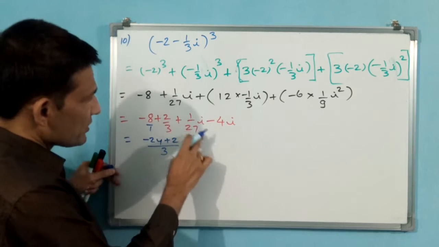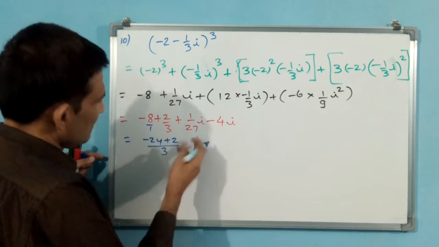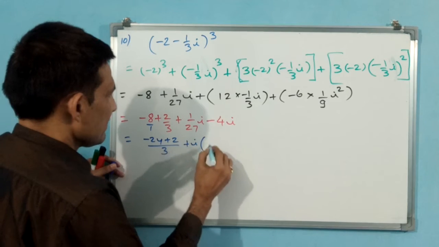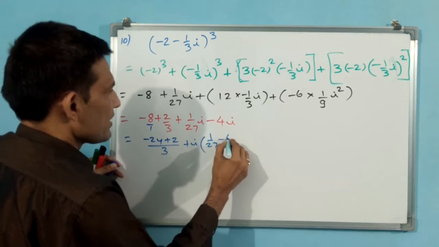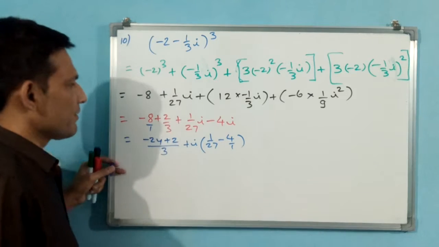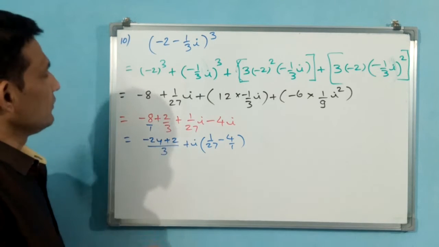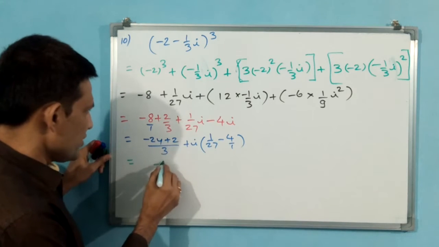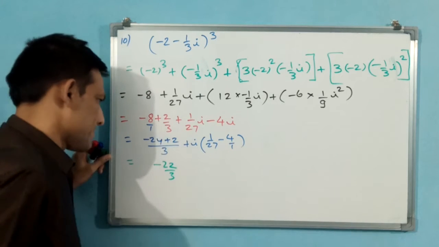Now 1 by 27 is smaller than 4, so minus only will come. Let me write 1 by 27 minus 4 by 1. Is it okay? Now here minus 22 by 3.